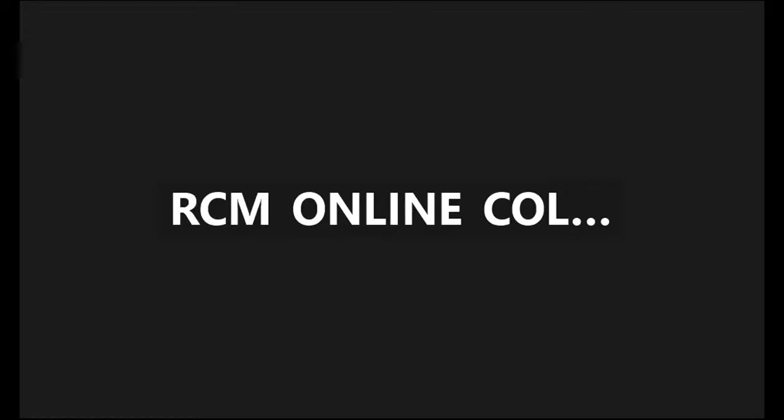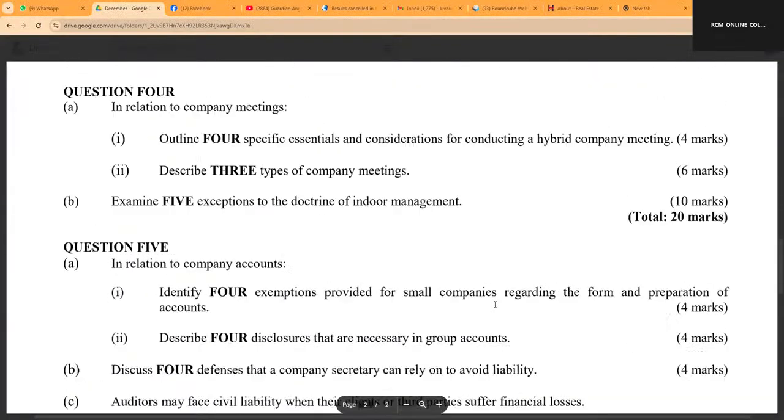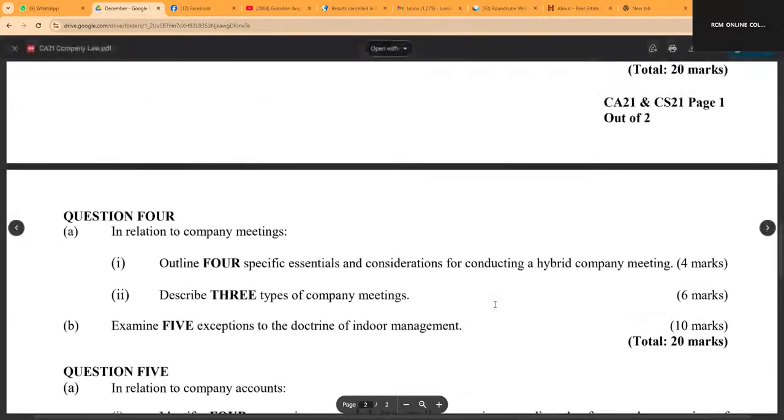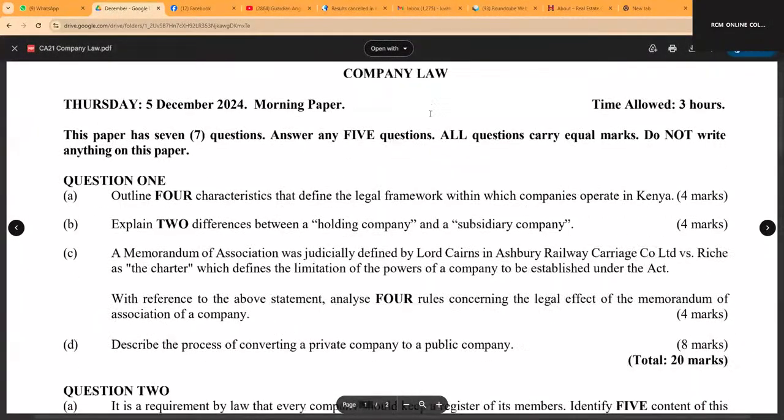So let's look at this one. There's this one here, question number 1B. So one of our friends wanted to read.